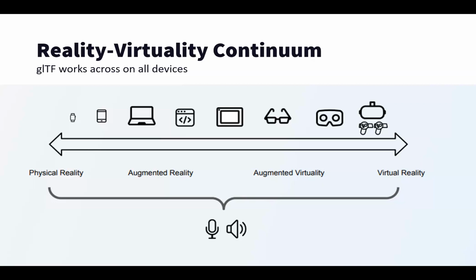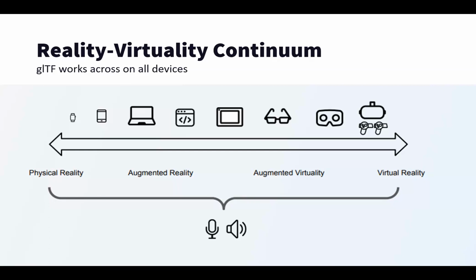And you find that these devices are actually connecting users to the physical reality. And as we move on to the far right, we go from physical reality, and then we start experiencing augmented reality through PCs or through phones or browsers.